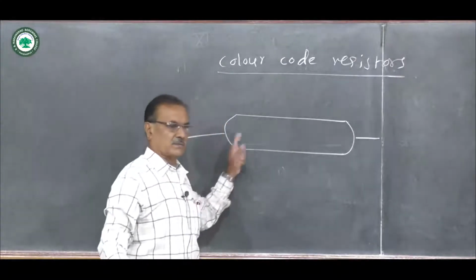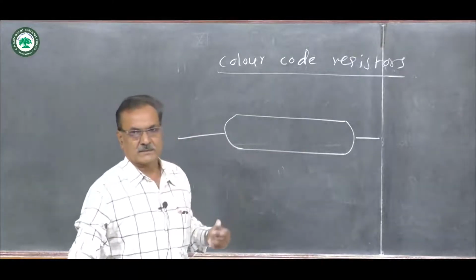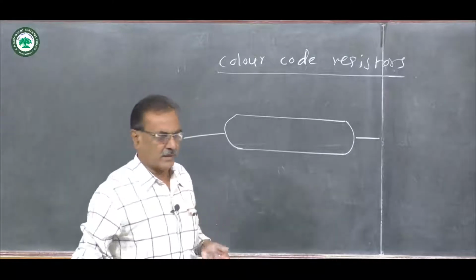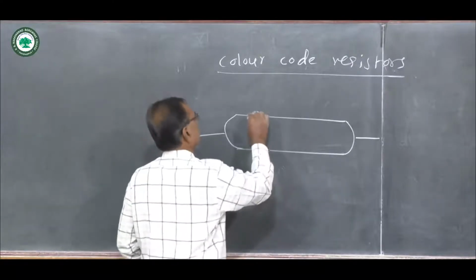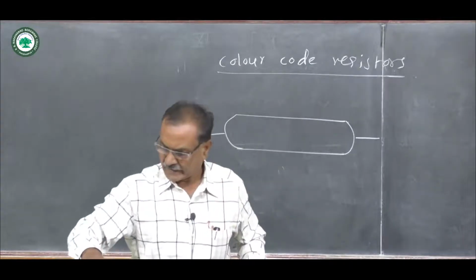Now these are the two electrodes of color code resistors, and at one side there are color rings.